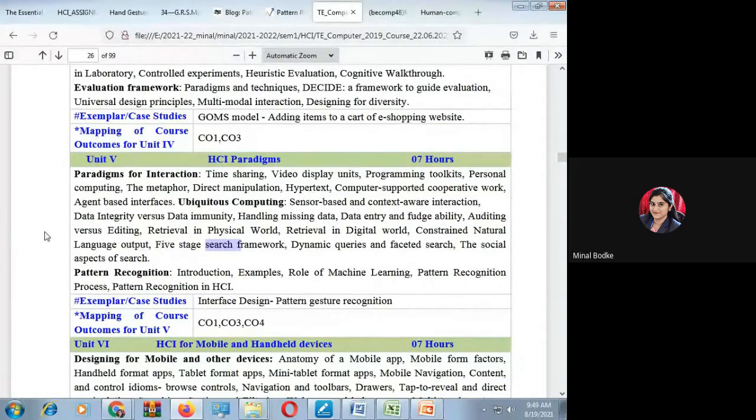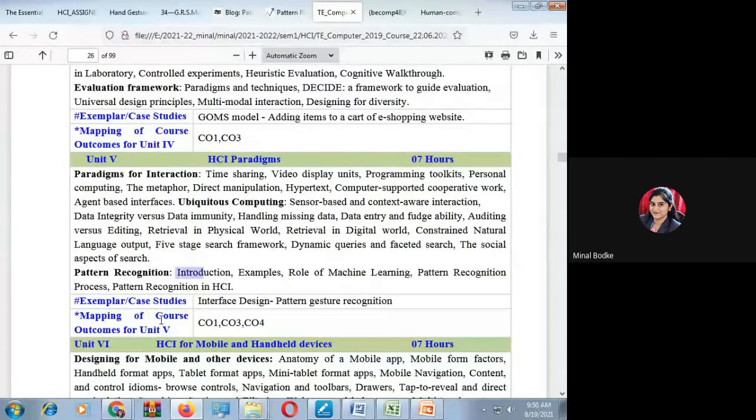This is the third bit. And the fourth bit is pattern recognition systems. Here you have a basic introduction, then examples, real time examples or applications of pattern recognition systems. Then the role of machine learning in pattern recognition systems. Then the pattern recognition system process, how it works and how it is related to HCI, or how HCI will work in the case of pattern recognition systems. For the case study, you have to take one example of a real time pattern recognition system and study the observations: how the interface is, what operators and elements there will be, and how they interact.